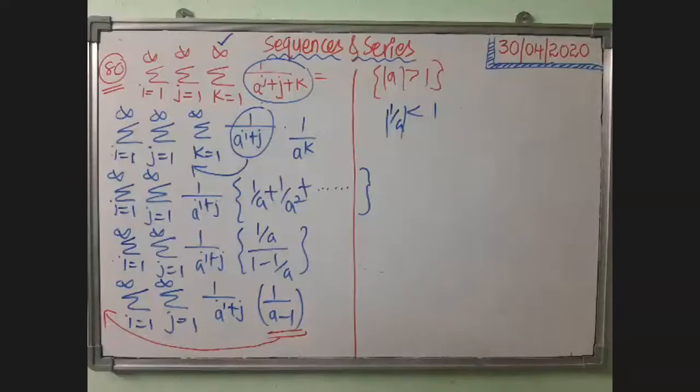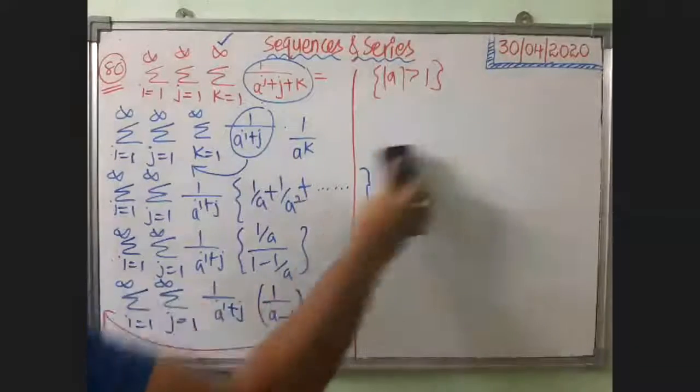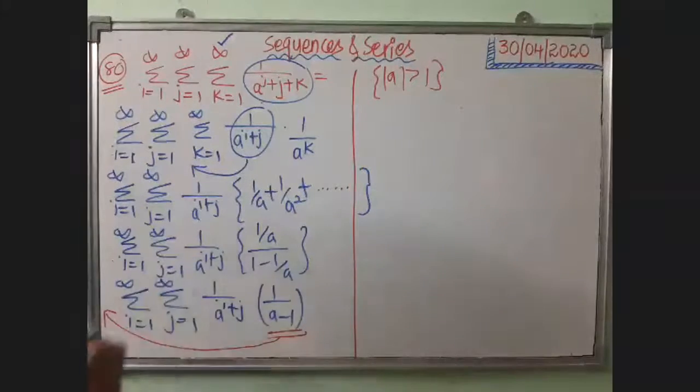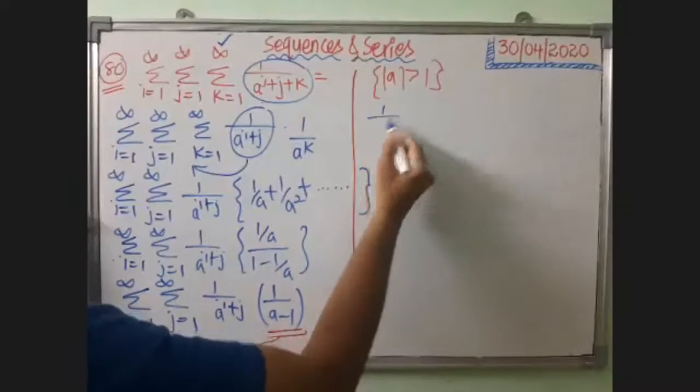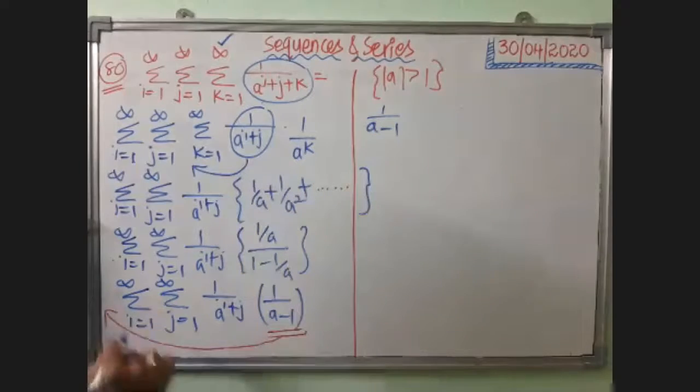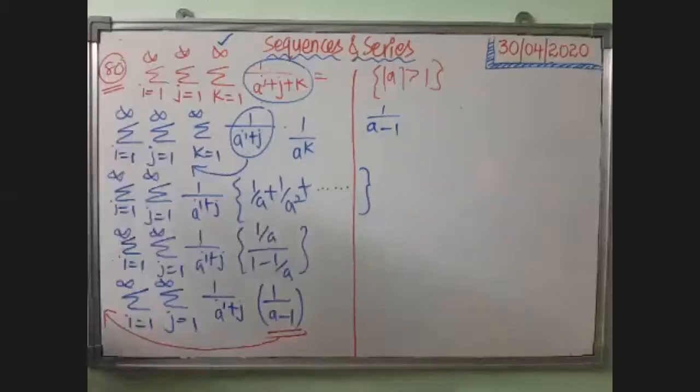Okay. So what will happen now is, this will become 1 by a minus 1. Now the same procedure which I have used here will be applicable for the next sigma. What is that? For j equal to 1 to infinity. So now which variable is concentrated? j is concentrated. Then what will become the coefficient? a power i will become the coefficient.